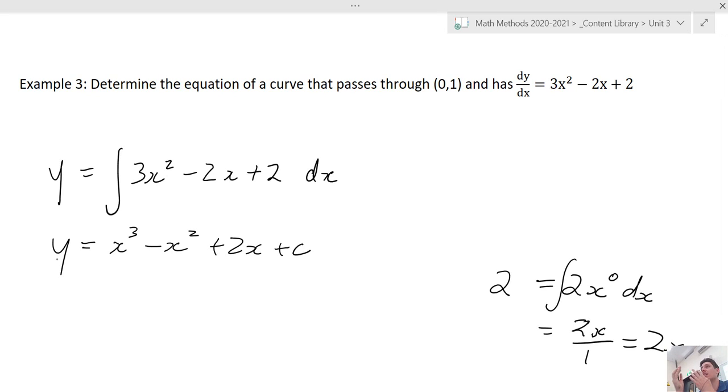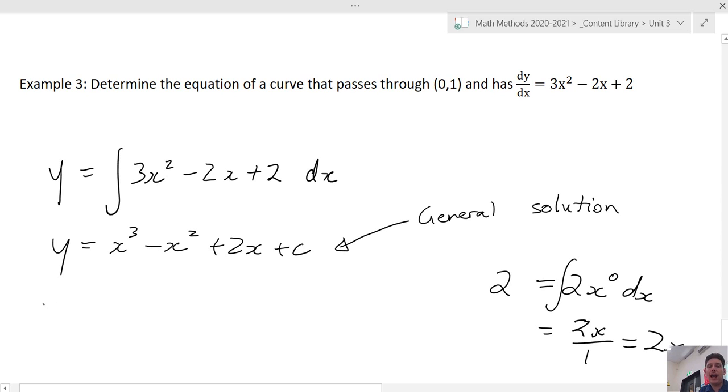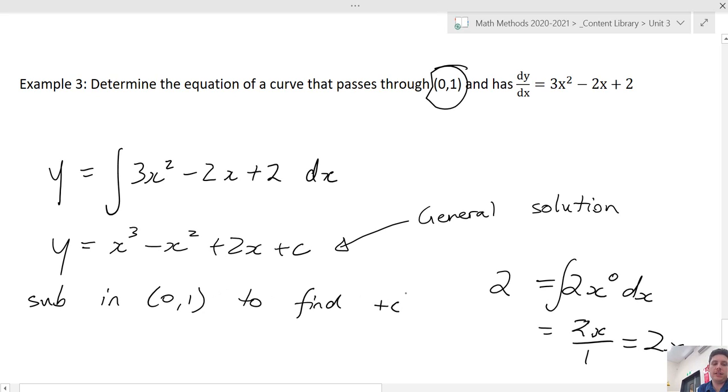Now this is about finding the c. So this is called the general solution. Okay, so how do you think we find the c? Any ideas? So I suppose that's why they gave us the point. Sub in 0, 1 to find plus c. So we have 0, so y is 1, x is 0.